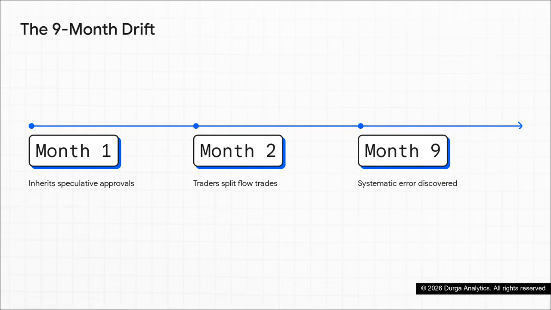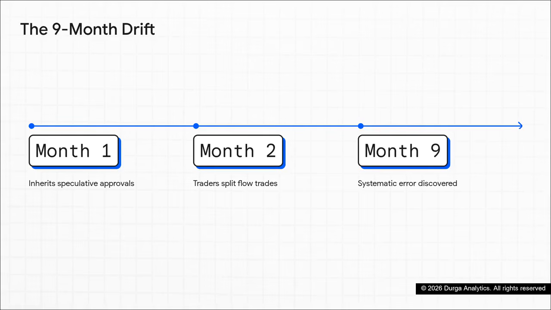They start splitting flow trades below the approval threshold, literally just to get the business done. Over the next few months, post-trade controls remain light because, hey, the speculative book never really needed them. Deal capture starts to drift, relying heavily on just trader memory at the end of the day. By month 9, management finally discovers a systematic capture error of just 0.035 euros per megawatt hour.